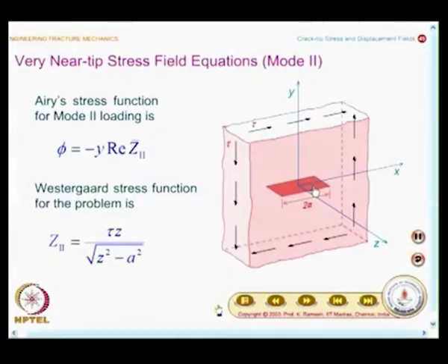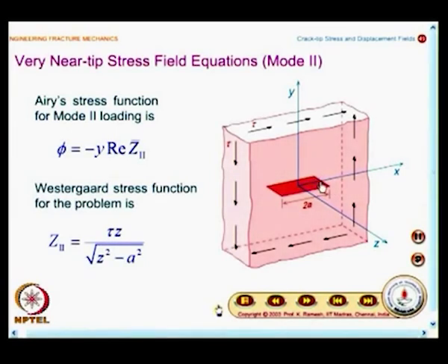Suppose I have a penny shaped crack which was solved by Snedden around the same time when people were focusing more on fracture mechanics. The 3-dimensional problem of a penny shaped crack in a solid was solved by Snedden. There you had a curved crack front. So, the crack front here is straight, you have to keep that in mind. These are all very simple situations for us to analyze easily.